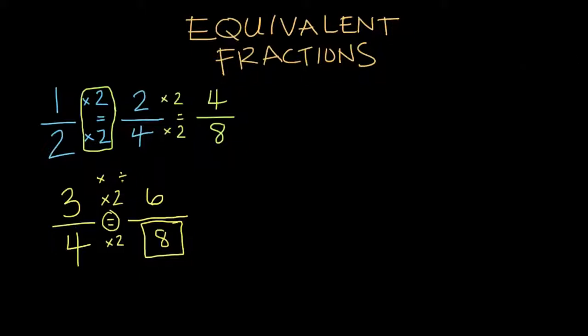All right, let's try another one. Let's say I have 6/10, and that is equivalent to, we don't know, 5ths. In this case, you're not given a numerator on this side. Well, now I got to work backwards, and I say, how do I get from 10 to 5?